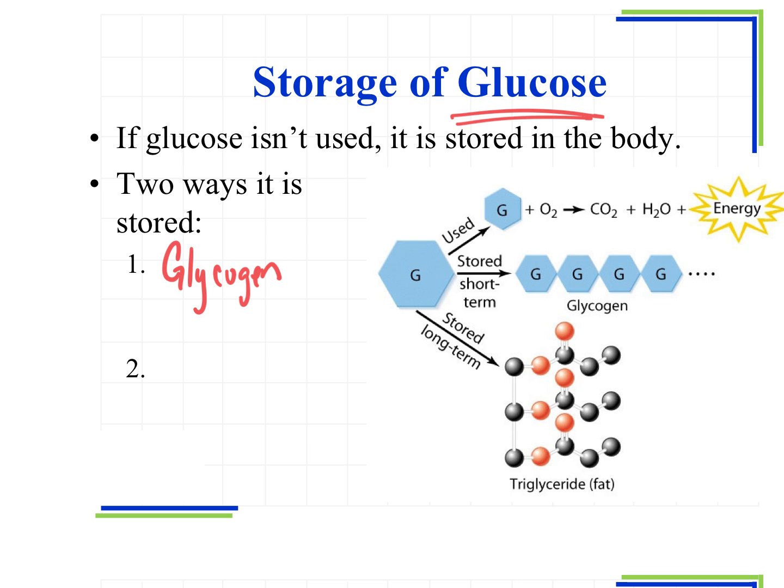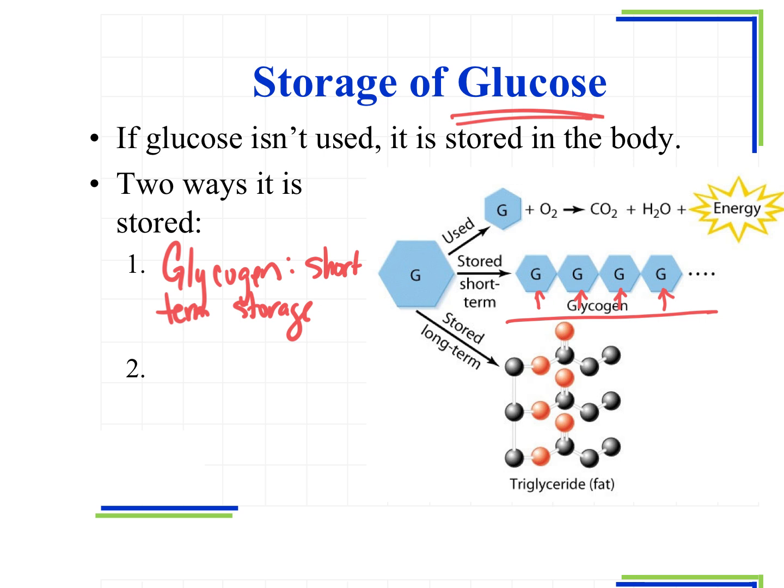Glycogen storage is short term. And it's stored in the form of a polysaccharide. It's a chain, okay? It's a chain. This is representing a glucose molecule attached to a glucose molecule attached to a glucose molecule attached to a glucose molecule.